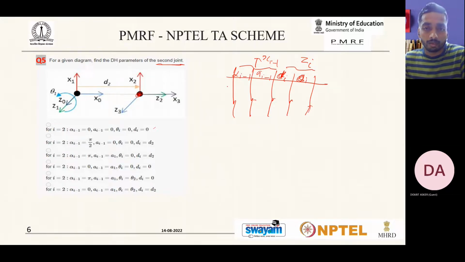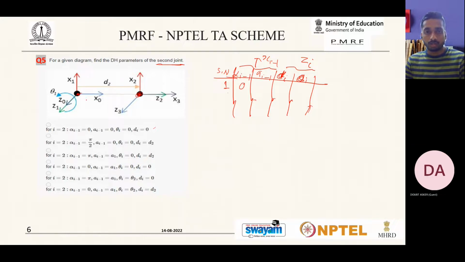So for one joint, means for Z1, this is just a serial number. So see this first joint. We need to find alpha i minus 1. So alpha i minus 1 is the angle with respect to x i minus 1, that is between 0 and 1. So what is that? That is 0. Those two are parallel. Now the next is a i minus 1.